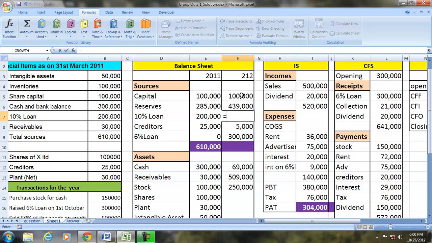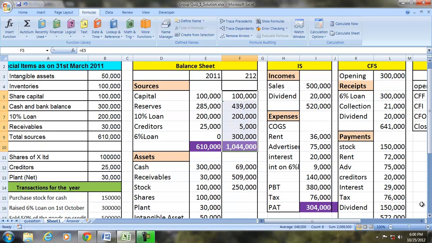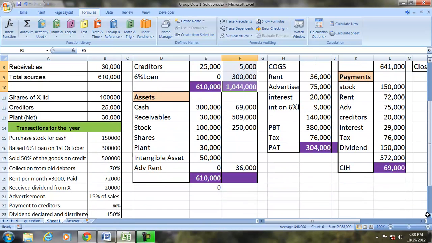No change in the capital, no change in the loan. The summation of sources should be equal to the summation of the assets. No change in the plant, no change in the intangible.